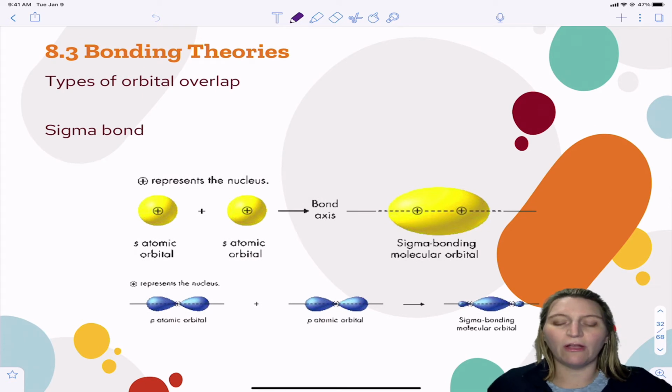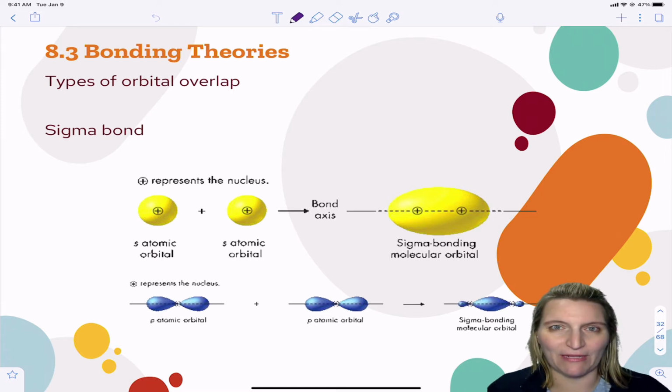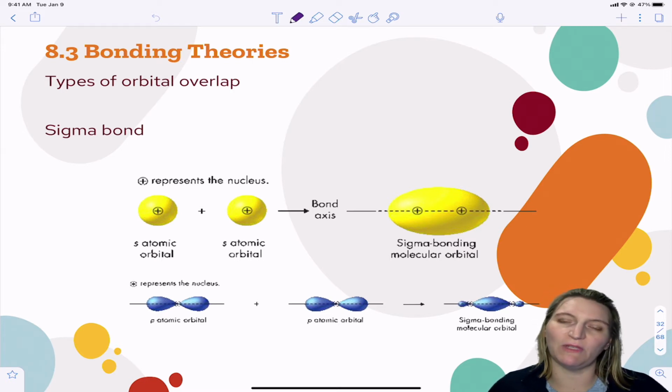So we talked about this very simply in previous chapters, that how covalent bonding occurs is that the orbitals must overlap so that the electron can actually be shared by those two atoms. So how does that happen? There's two specific types of orbital overlap that can occur.